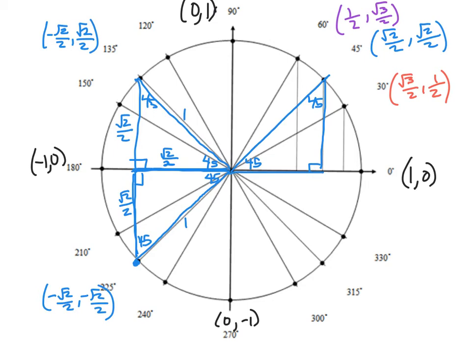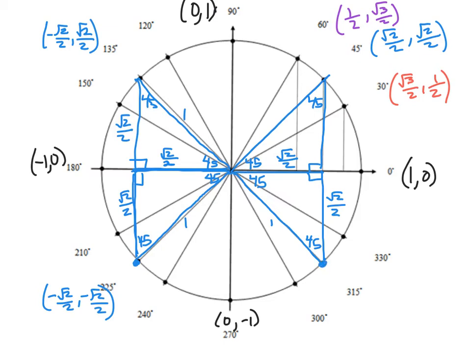Let's go to the fourth quadrant and find that 45-degree angle. So I see that I'm going to make this one right here so that this angle is 45, this angle is 45, and there's my right angle. Label your sides, so this is 1, this is radical 2 over 2, and this is radical 2 over 2.